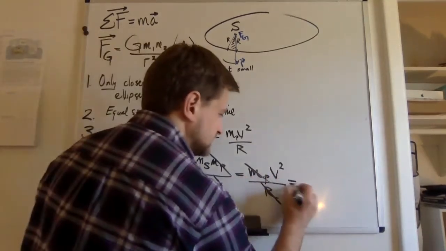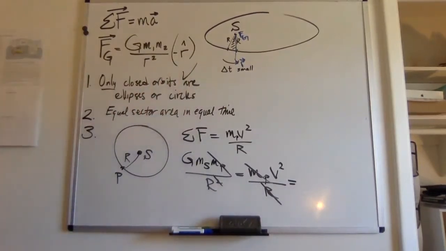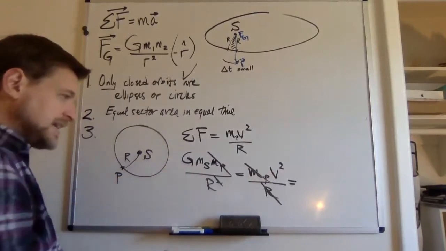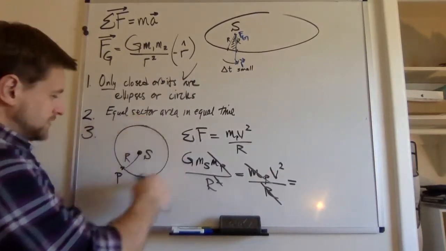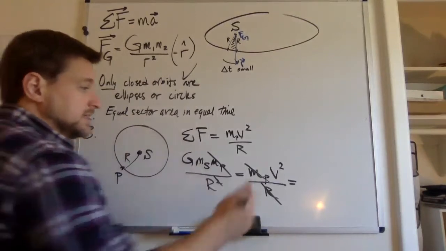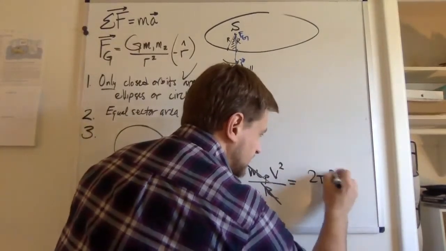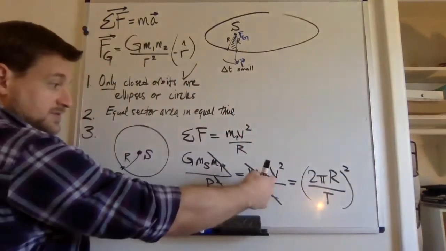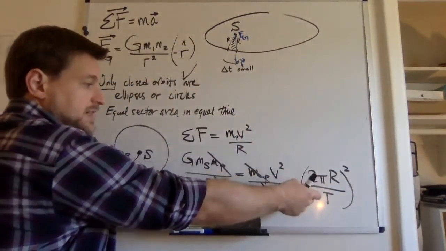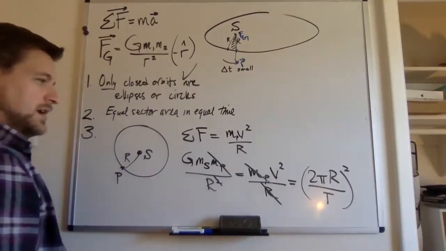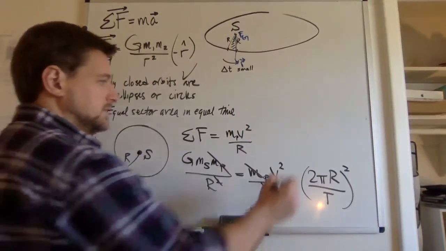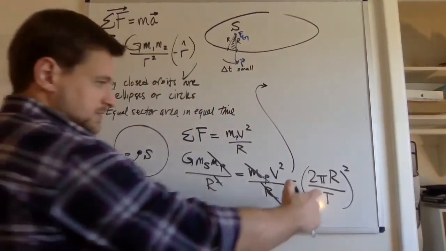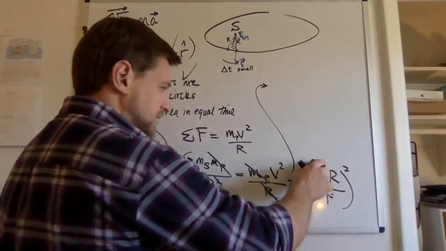Well, if we're traveling in this circular orbit with speed v, that means we're going a circumference every period. So 2 pi r over t, squared, because that's the velocity, distance over time, squared. And now, if we solve, let's do the square and get that out of there.